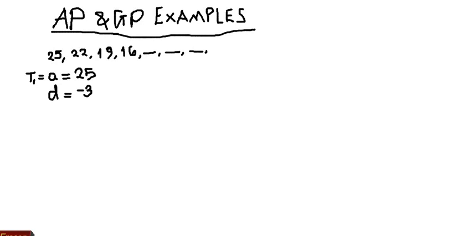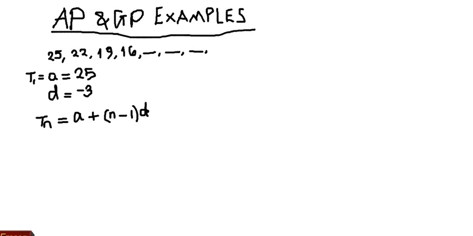So we want to find an expression for the nth term. Now we know that for an arithmetic progression, the nth term, or Tn as it may be written, is given as the first term plus (n minus 1)d. That is the formula for calculating the nth term.